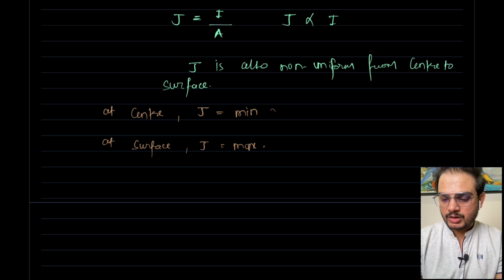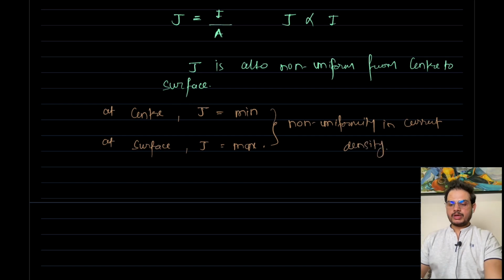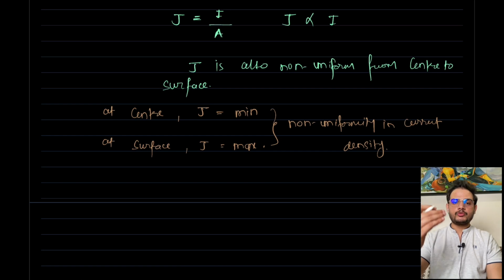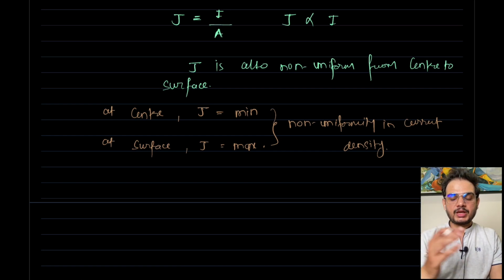This is nothing but non-uniformity in current density. This is how we can understand non-uniformity of the current density because of the skin effect.